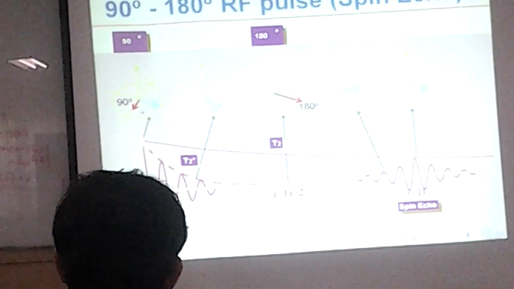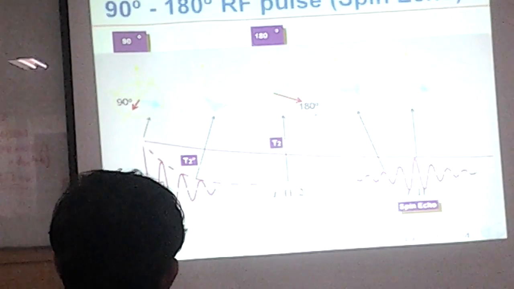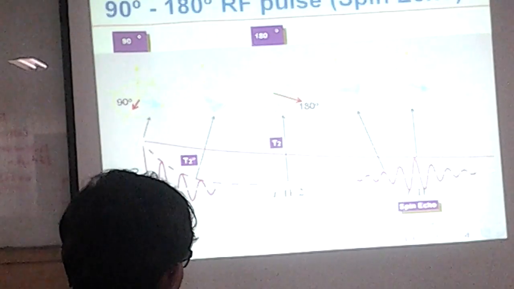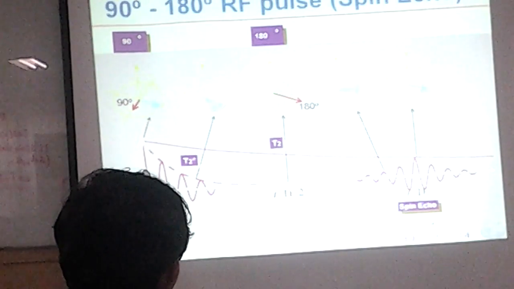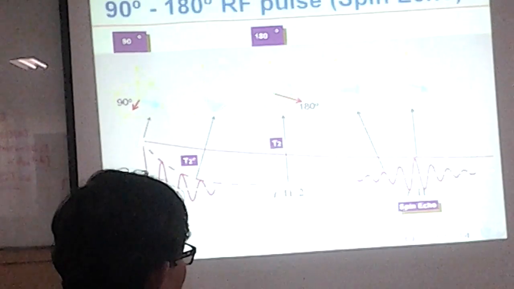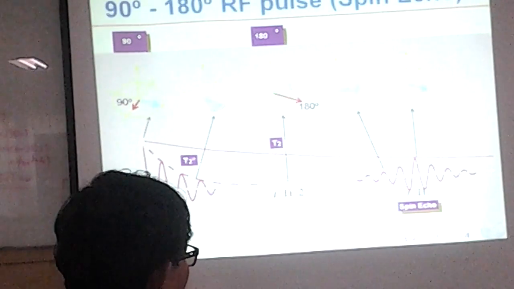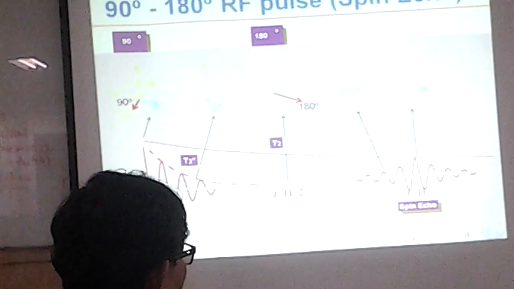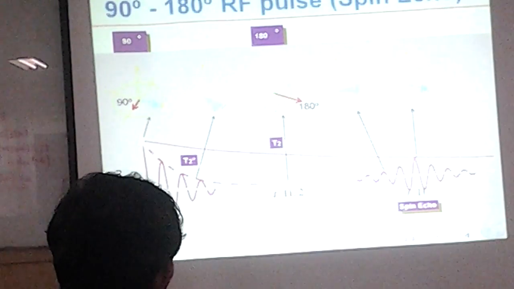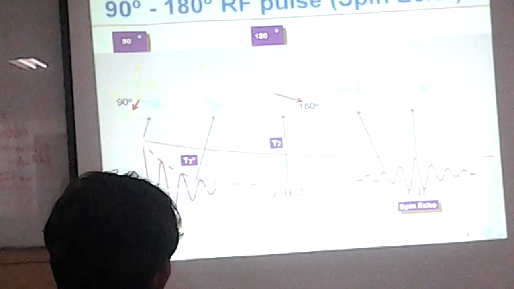By combining a 90 degree RF pulse and a 180 RF pulse, we can get both the FID signal and the spin echo signal. Okay. And what is the effect on the result if we set the flip angle from a lower to a higher degree on the MRI scanner?